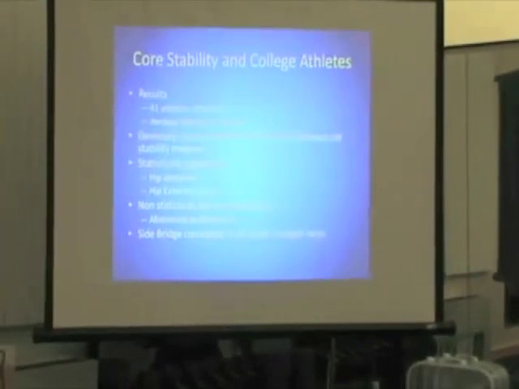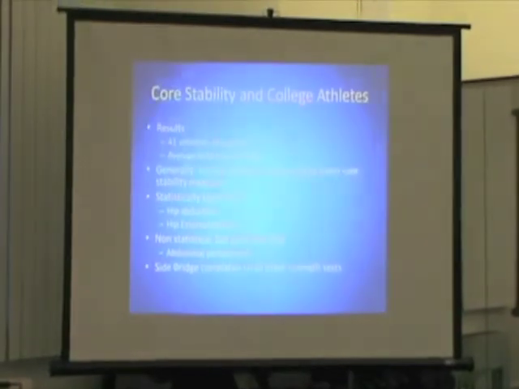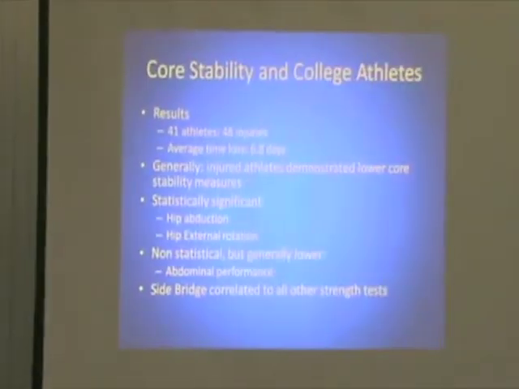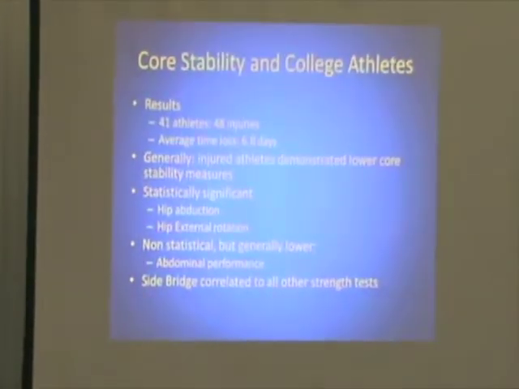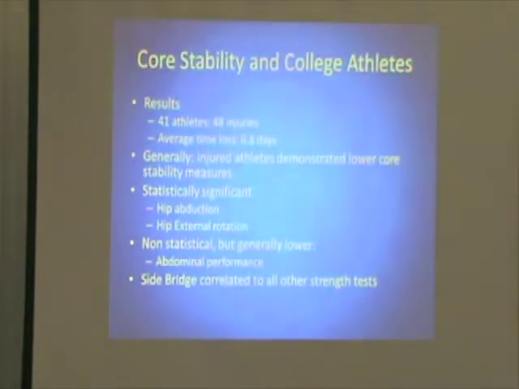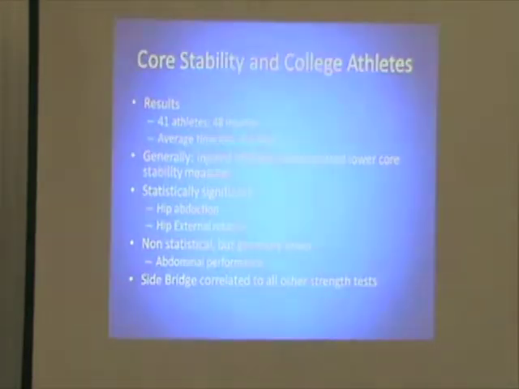41 athletes got injured. There were 48 injuries among those athletes, and on average they missed 6.8 days of practice or games. Generally, the injured athletes demonstrated lower core stability measures on all of the measures, but the two that were most significant were their hip abduction and their hip external rotation, so their ability to do this motion and then this motion.